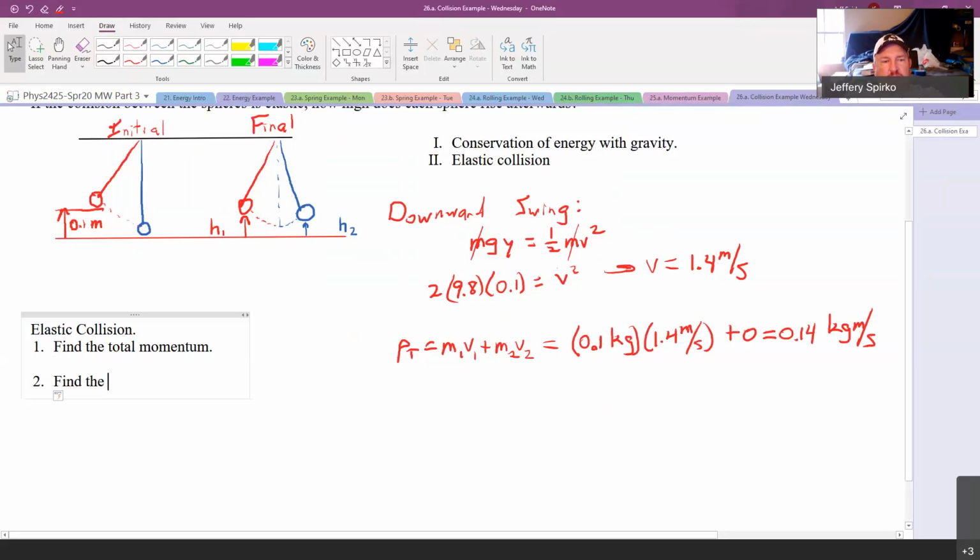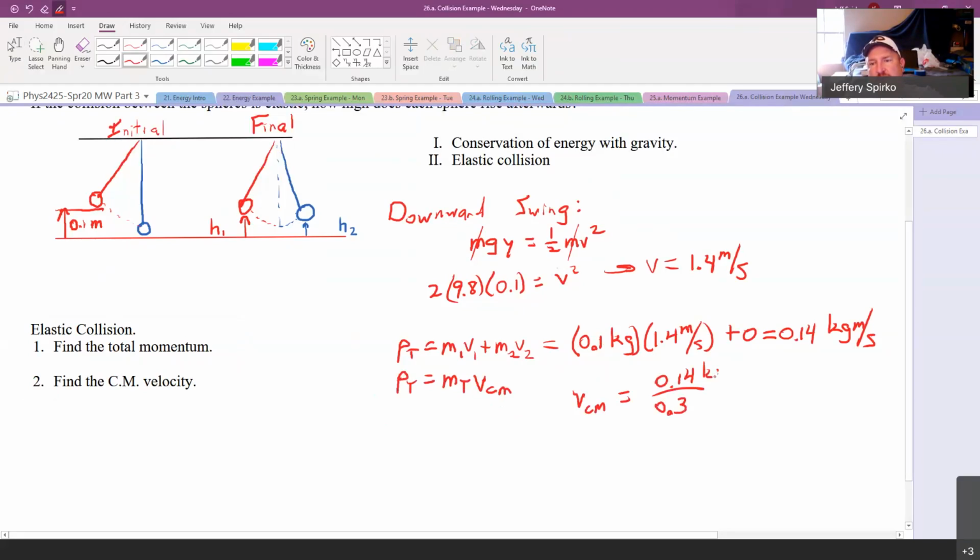And that lets us now calculate the center of mass velocity, because the total momentum is also equal to the total mass times v center of mass. So that means v center of mass is equal to 0.14 over 0.3.